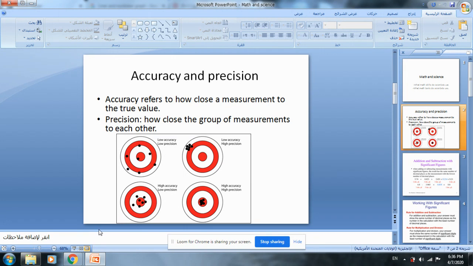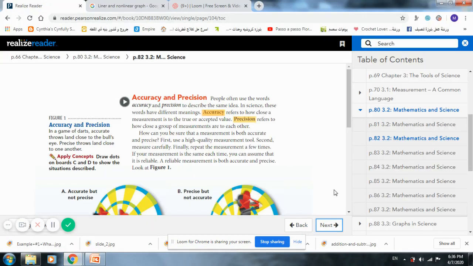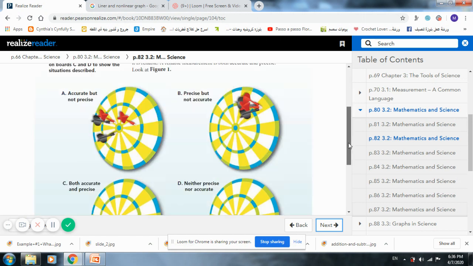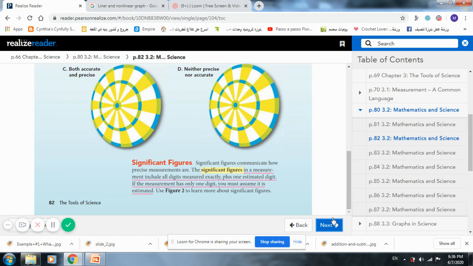Now after knowing the difference between accuracy and precision, we have to talk about significant figures. Significant figures, in summary, means the important figures or important numbers. Important numbers that can change the measurement, that can give the measurement its true value.